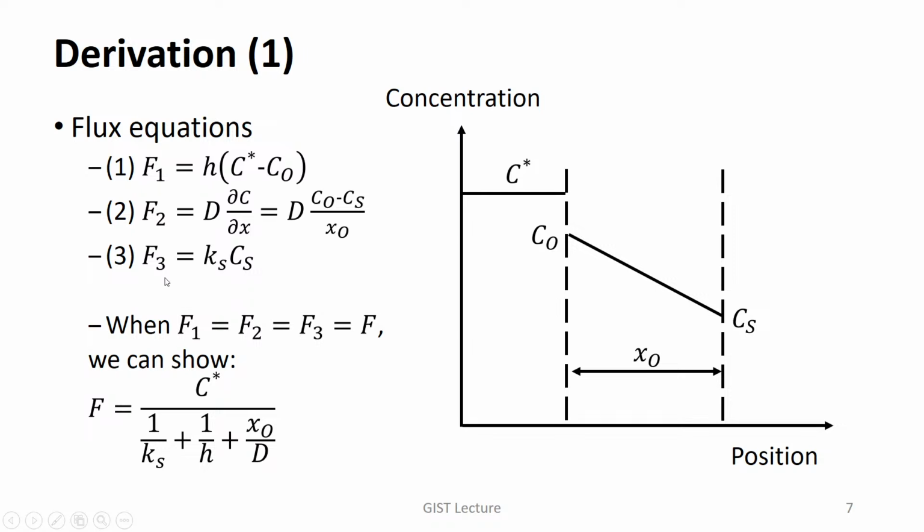If everything goes smoothly, then these fluxes F1, F2, and F3 should be the same. By assuming that these three fluxes are the same, we can easily show that this flux can be expressed in this form.